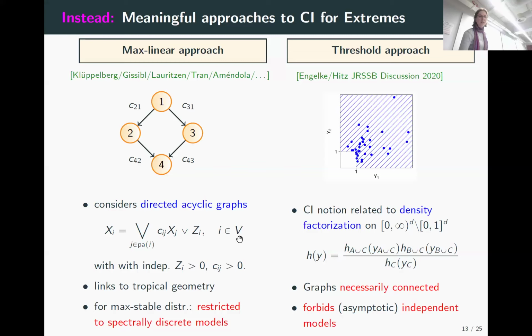So you can write down these structural equations directly. If you walk along these paths, in addition to these weights, you collect a new noise variable at each node, basically. These are the Z_i.